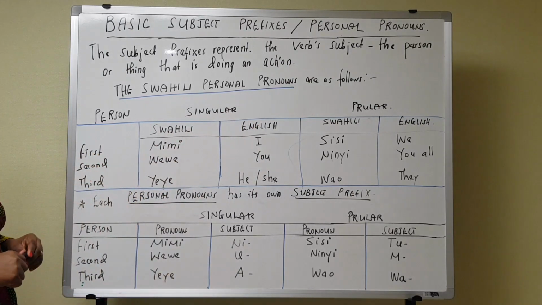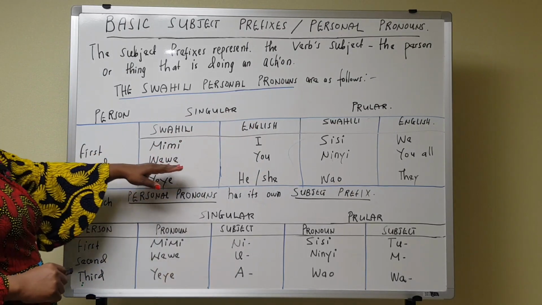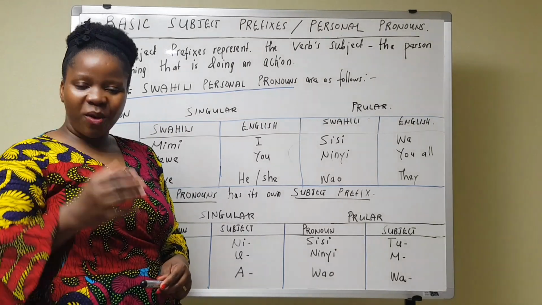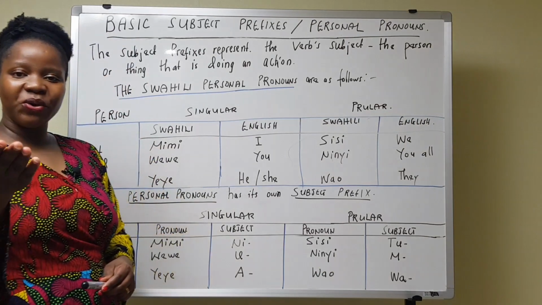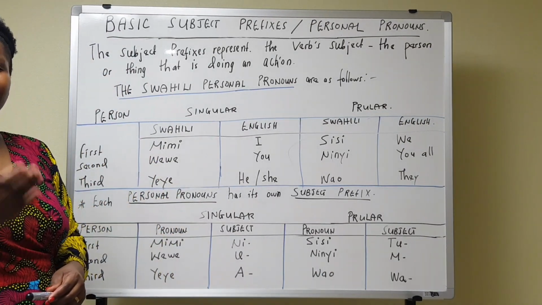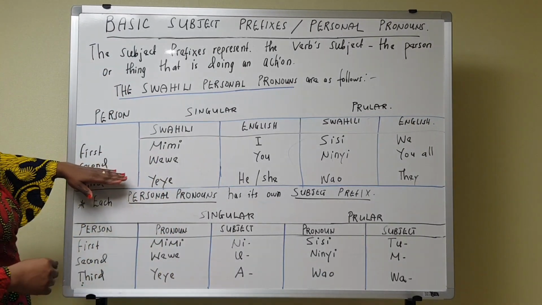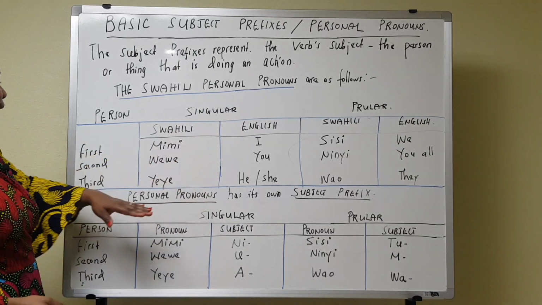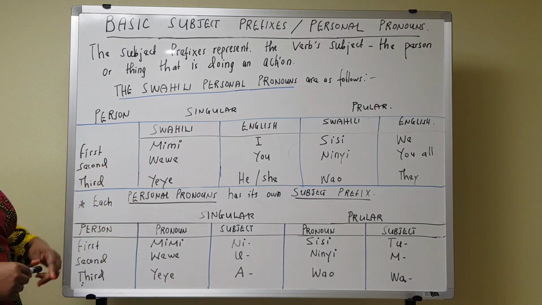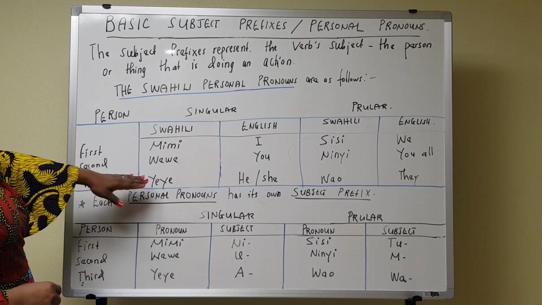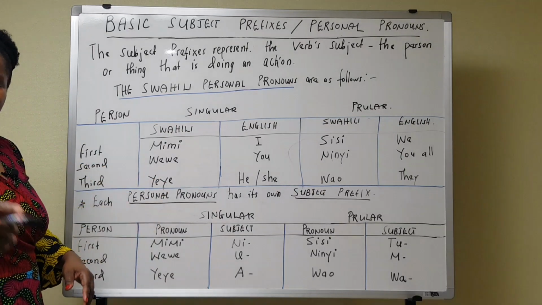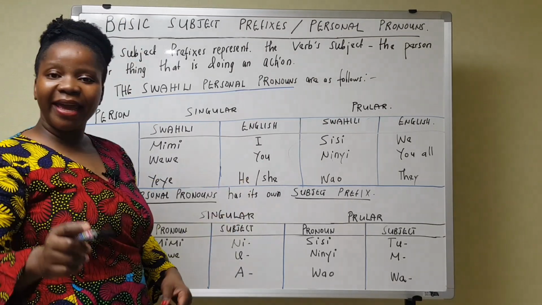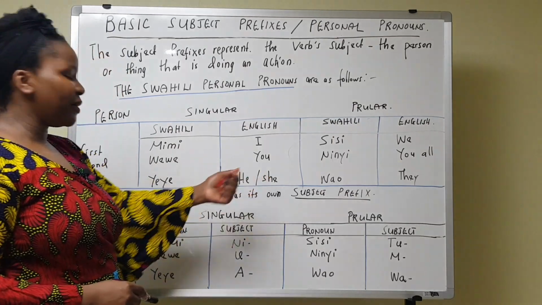And the second person is Wewe, which is you. And the third person is Yeye, which is he or she in English.